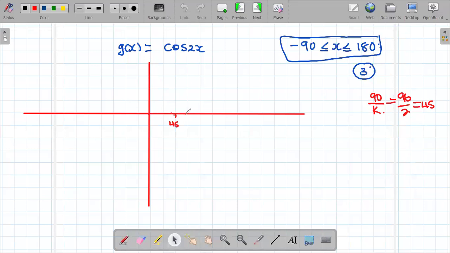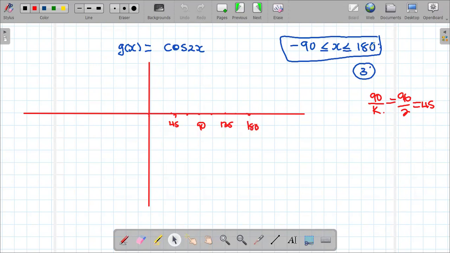So this will be 45, then 90, then 135. Am I doing the right thing, guys? Yes. 45, 90 plus 45 is 135, plus 45 is 180.